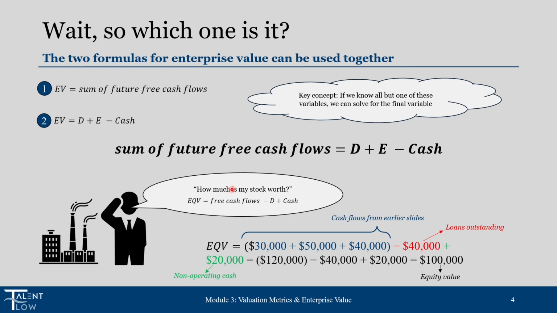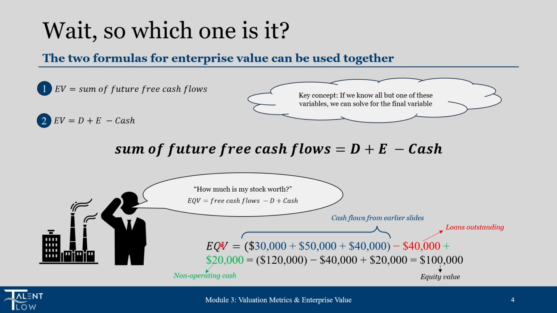Let's pretend, for instance, that instead of calculating the value of our stock by looking at how much money we have put into the company, we want to value it based on just the true value of our business right now, the market value. To do this, we'll set the equity value, which is just the value of our ownership, equal to the future free cash flows expected by the business minus the amount of debt we have plus the extra cash held by the company.